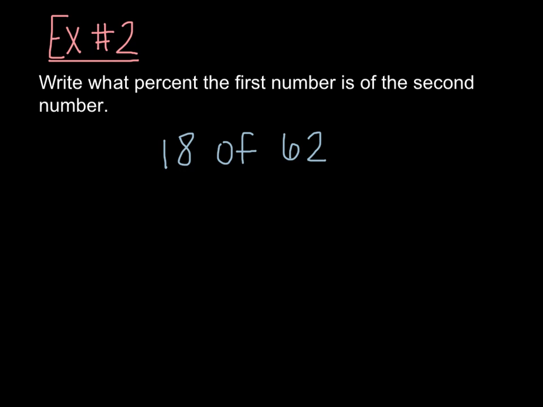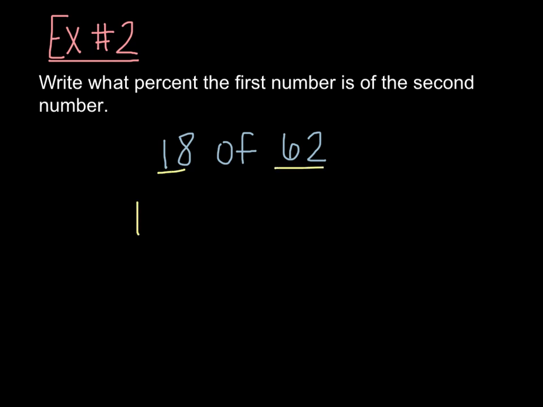All right, number 2. Write what percent the first number is of the second number. So we're going to use the same proportion. We're just going to be filling in different parts. So we have 18 of 62.